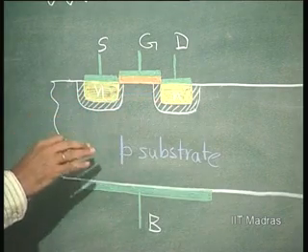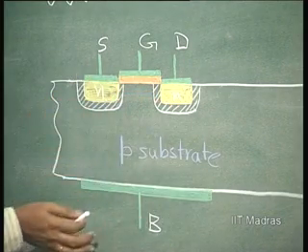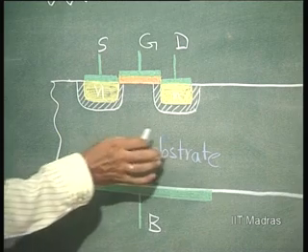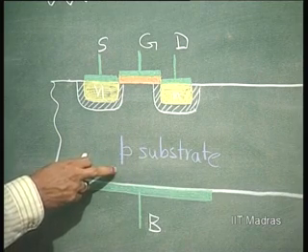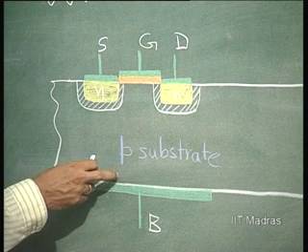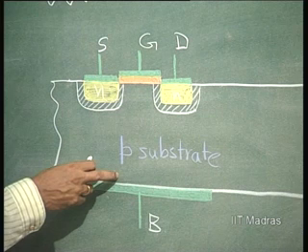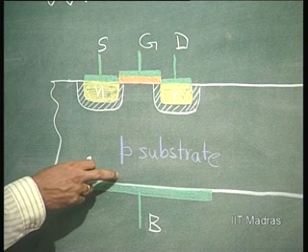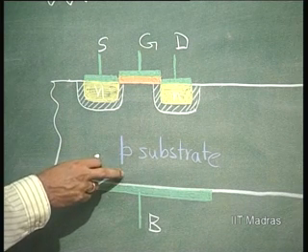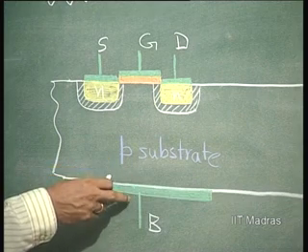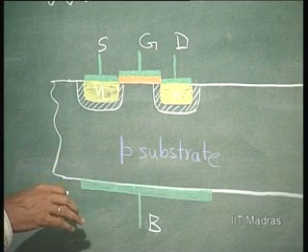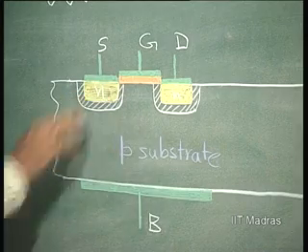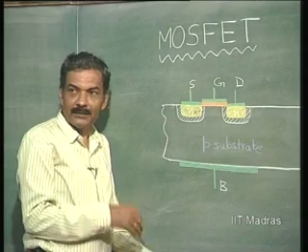These are isolated because normally, if it is a p-type substrate, this is connected to the most negative potential of the circuit. In any IC, if it is starting with a p-type substrate, the substrate has to be connected to the most negative potential, because all the devices are isolated by a junction, which is between the substrate and the particular material where the device is fabricated.